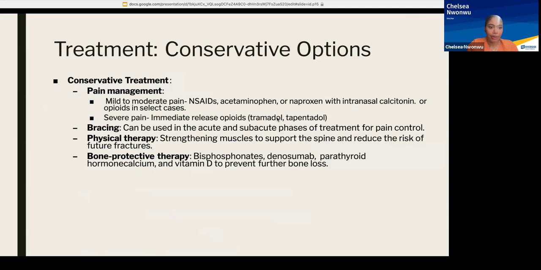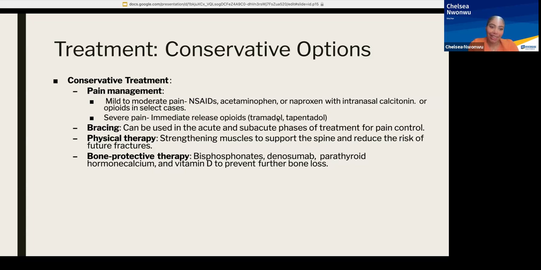So for treatment options, conservative management remains the cornerstone of OVCF treatment. For pain, mild cases respond to NSAIDs or acetaminophen or naproxen, and also intranasal calcitonin, while severe pain possibly necessitates a short-term opioid like tramadol.